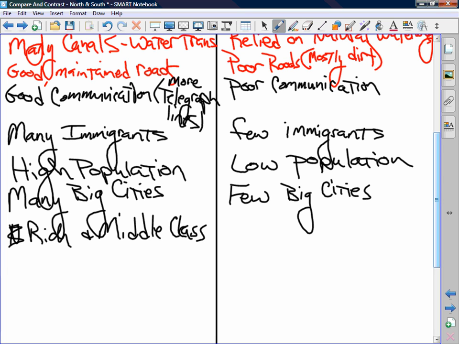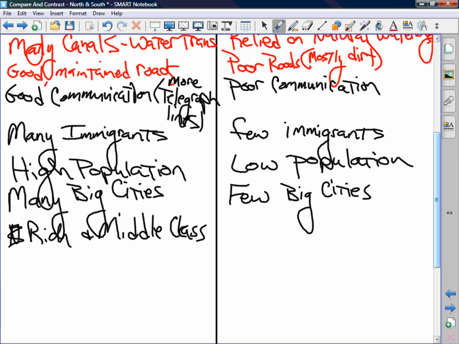The people that owned businesses. There weren't a lot of people that owned businesses in the south because they had slaves to make everything for them on the plantation. And if they were not rich and owned a plantation, most of the people in the south were that rural poor.